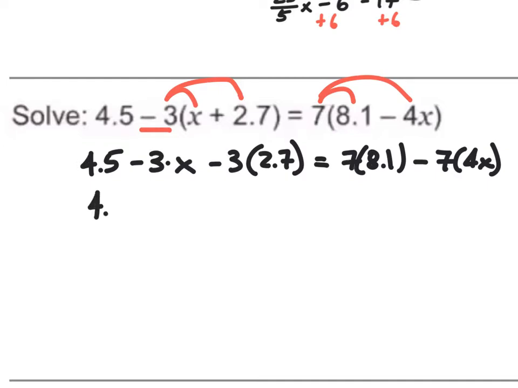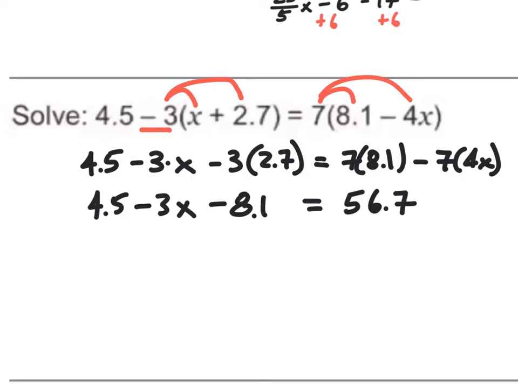So this is going to give me 4.5 minus 3x, and then negative 3 times 2.7 is negative 8.1, okay? And then 8.1 times 7 is going to give me 56.7, and then minus 28x.